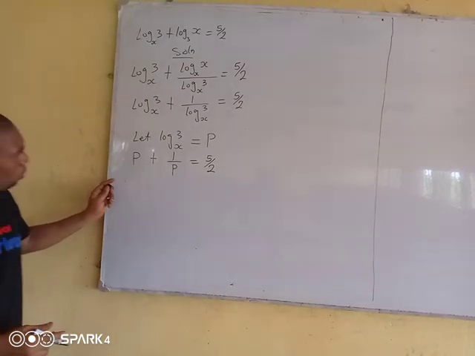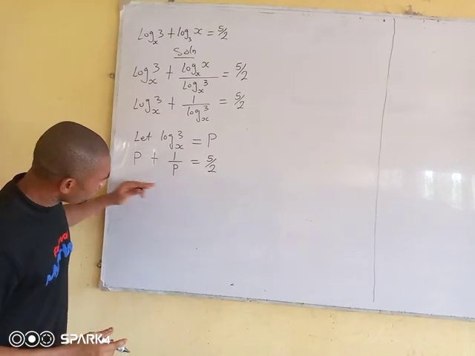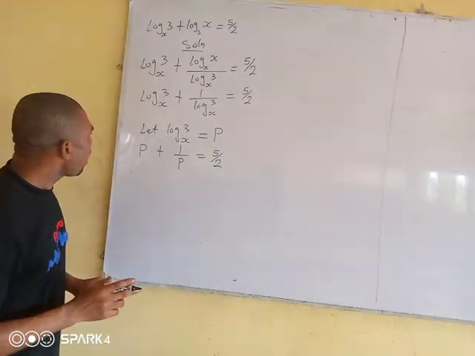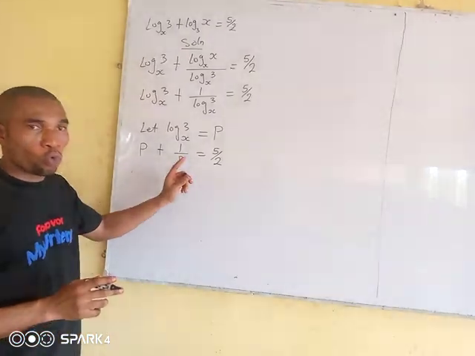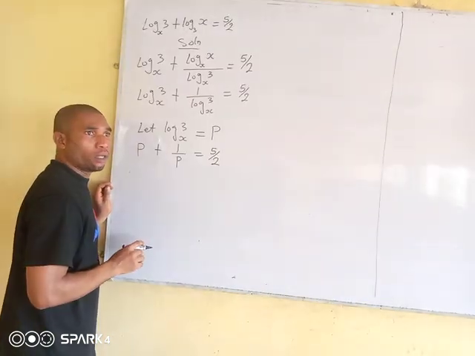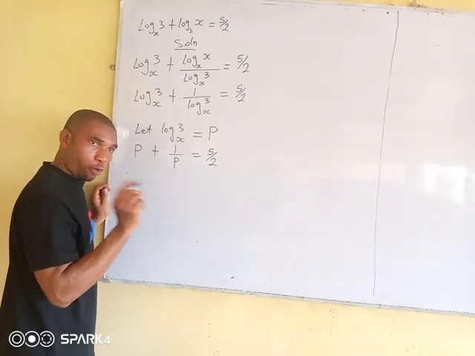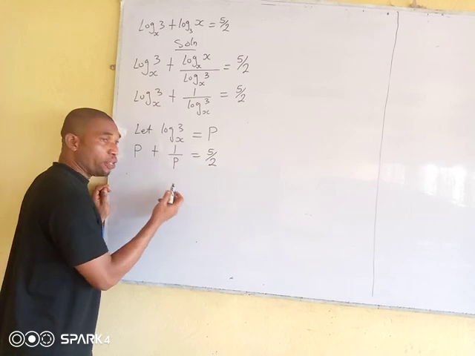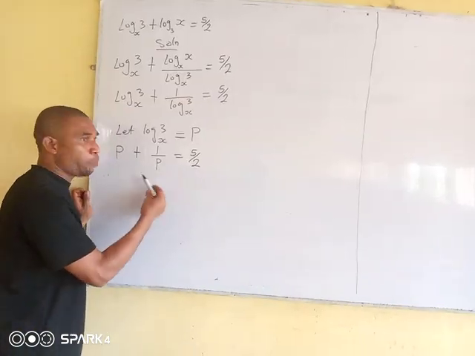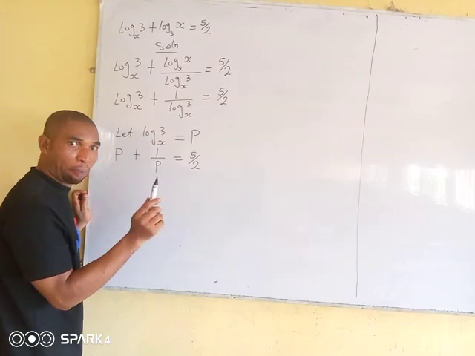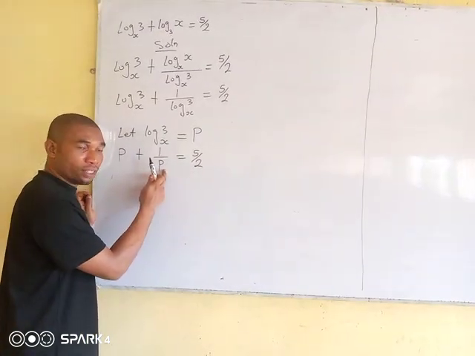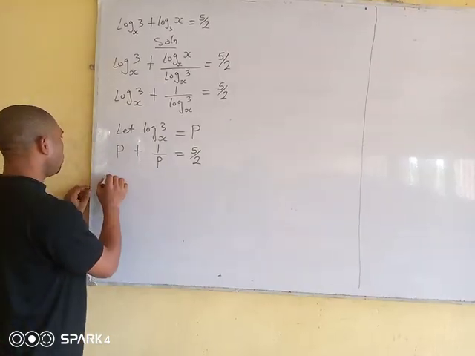Now, look at this equation here on this board. From here, I will multiply through by p because I want to cancel out these denominators. First, multiply by p, or we can simply multiply throughout by 2p. But let's start out with p first, so that this p and the denominator here will be erased.